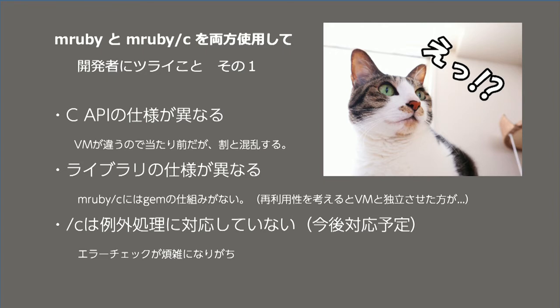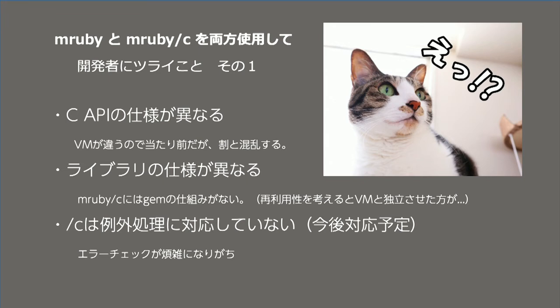mruby/c doesn't have a gem, and therefore everything should be put into source codes. If you want to change the library, then you need to change the source code as well. So if you separate from VM, it's reusable, and that's why /c is better.